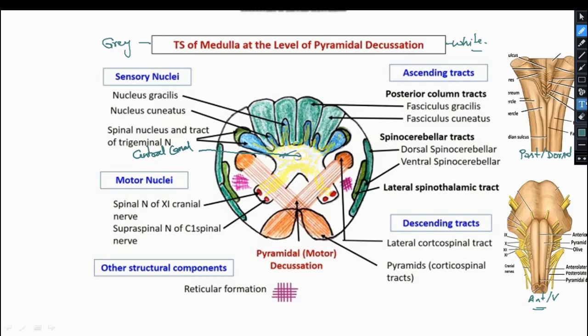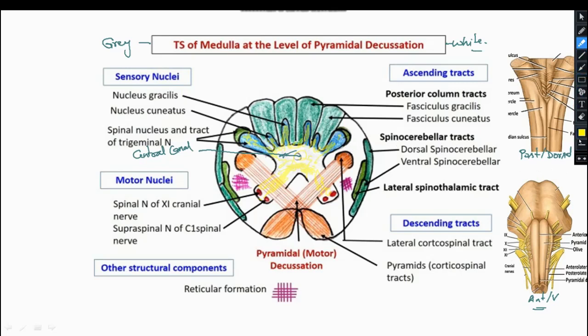Now let me draw here by taking a color. All this region in yellow is the central gray matter. Now on its anterior aspect, as well as on its posterior aspect and the lateral aspect of the central gray matter, all this region is white matter.